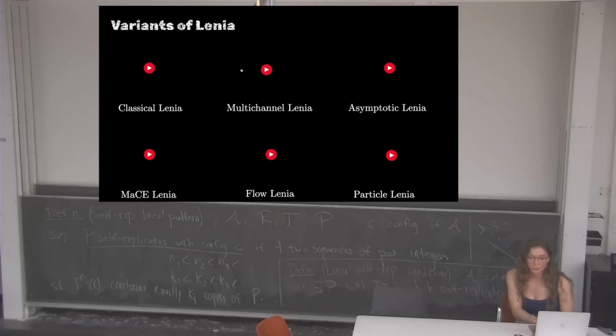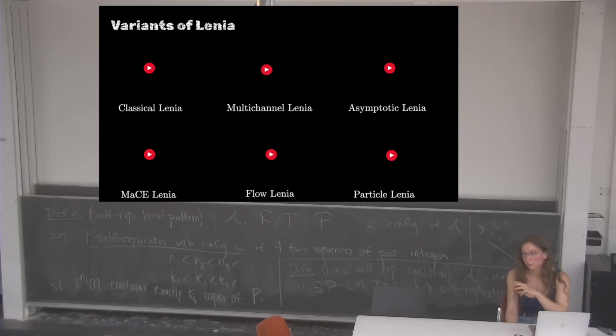And you can imagine that such beautiful solitons quickly caught a lot of interest. And since 2018, we have had a huge number of flavors of different Lenya systems. The most natural generalization of Lenya is to not only consider a single channel, that is values between 0 and 1, but to take some power of that interval, for instance, 0 and 1 to the power of 3, which you can interpret as now 3 values which determine the red, green, and blue values.